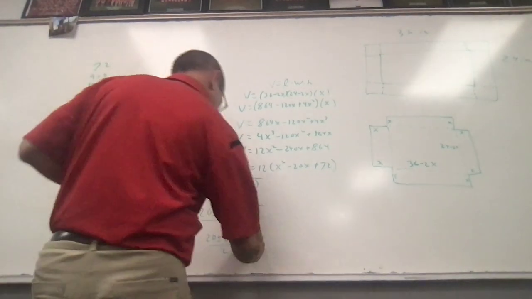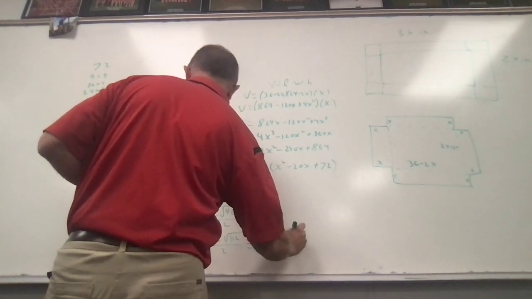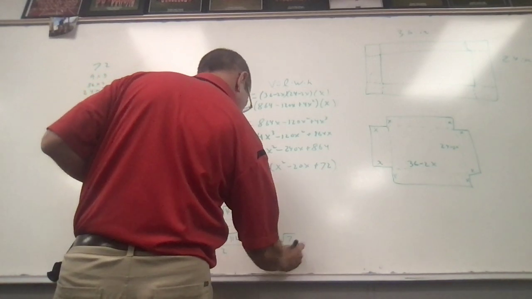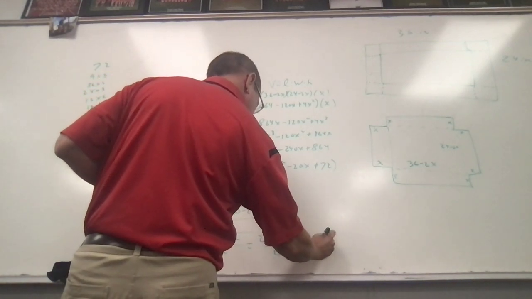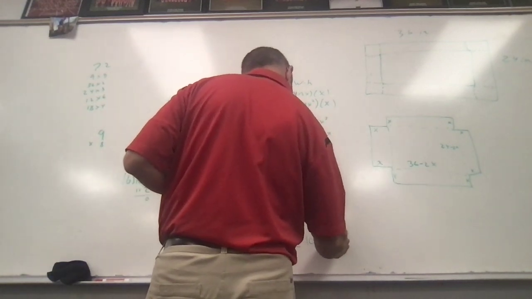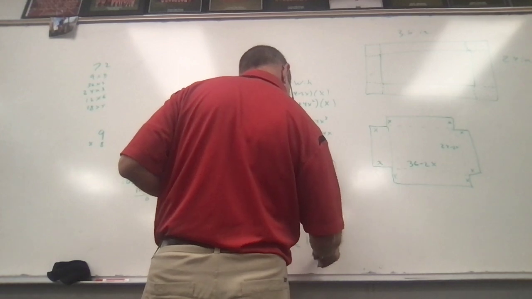So this becomes 20 plus or minus 4 square roots of 7 over 2, which is 10 plus or minus 2 square roots of 7.